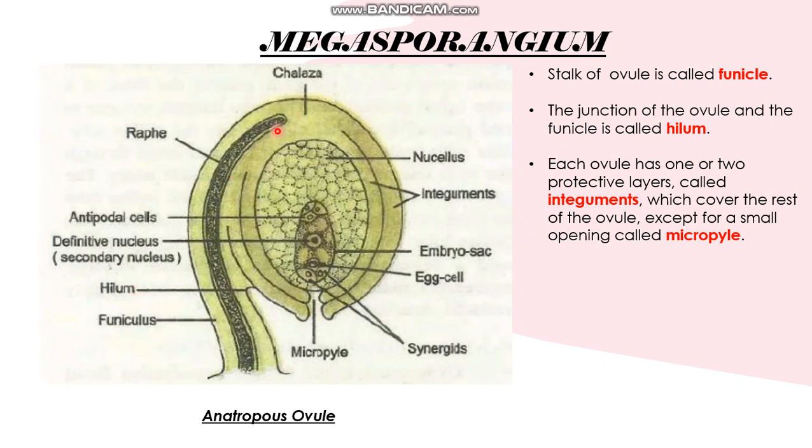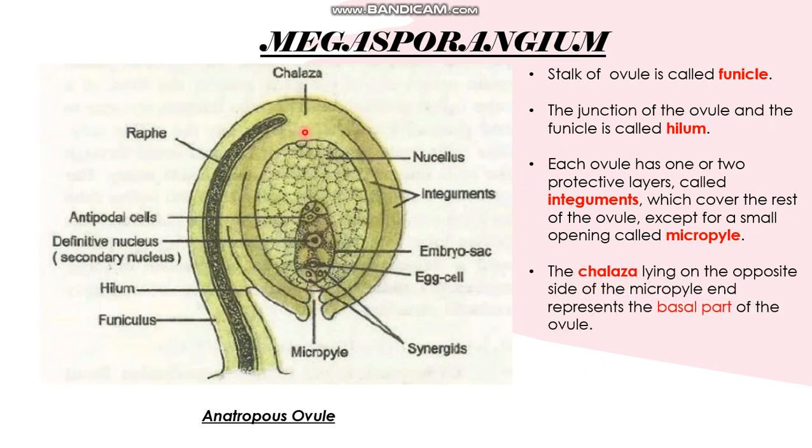Now, you can see in the figure that the integument doesn't cover the nucellus completely. It leaves a small opening at one end, and that is known as micropyle. In the majority of angiosperms, the pollen tube enters inside the ovule through this micropyle. Opposite to the micropyle end, the basal part of the ovule is known as chalaza.